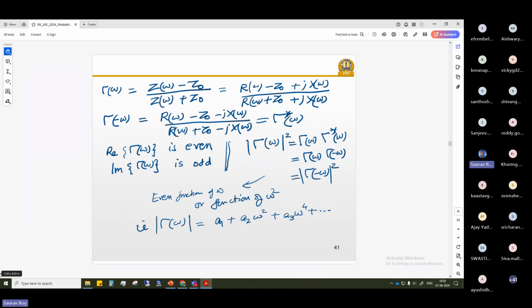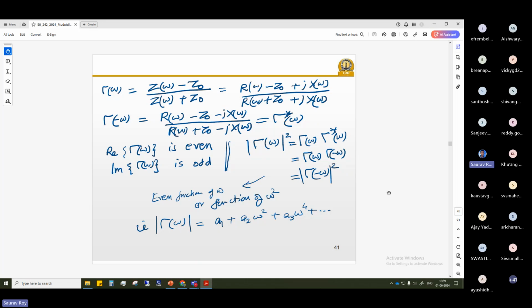This gives you the return loss. The return loss is an even function, so it can be written in terms of omega to the power 0, omega square, omega to the power 4, and so on. It's a function of omega square.